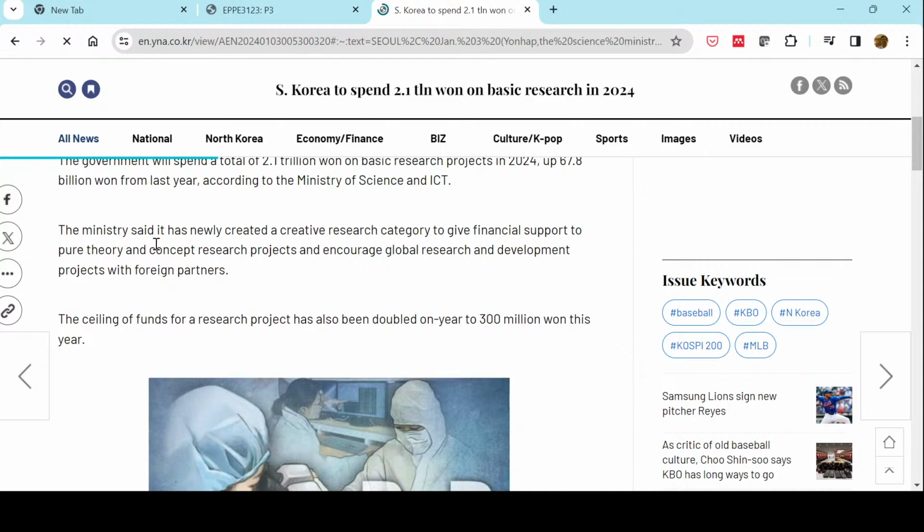Support to pure theory. The ministry said it has newly created a creative research category, a new category, to give financial support, which is to subsidize, pure theory and concept research. So again, we see basic research is to move the frontier of knowledge, the theory and the concepts. Why is the government doing it?